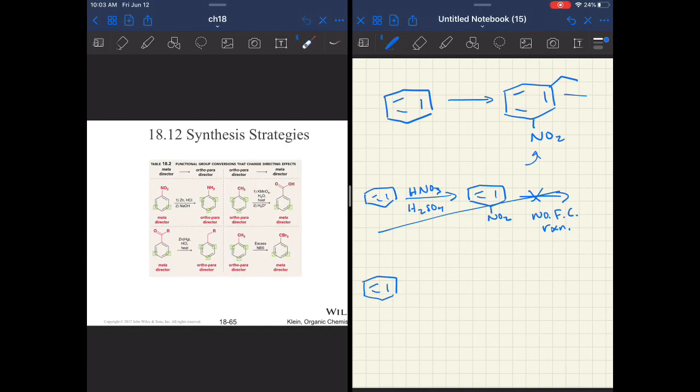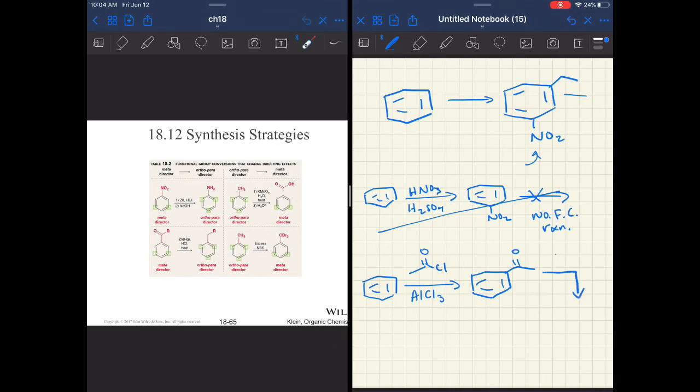Well, don't forget that you can do Friedel-Crafts acylation. So I can put on my 2-carbon chain and it will have a carbonyl attached, which is a meta director. So this is great.